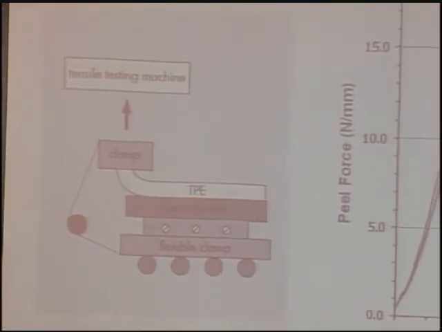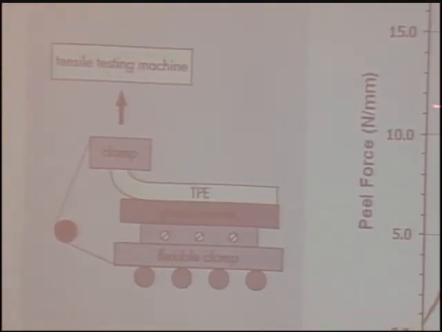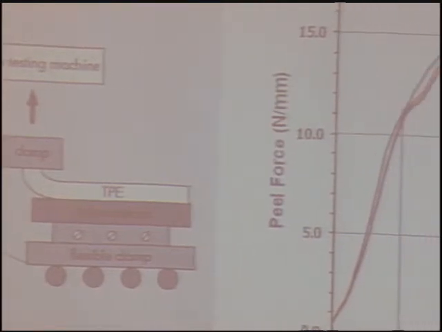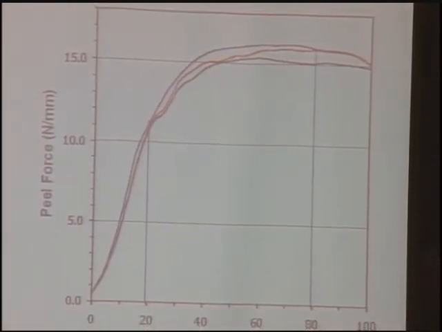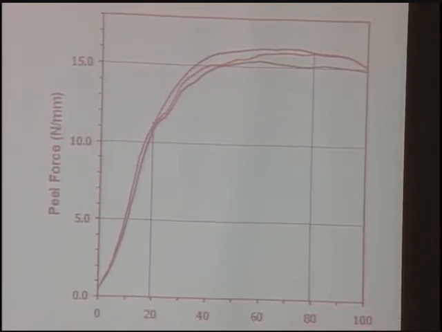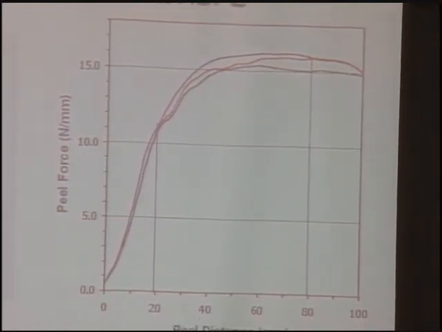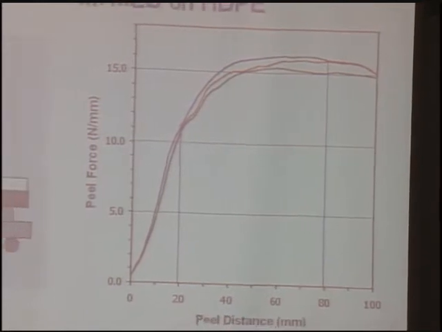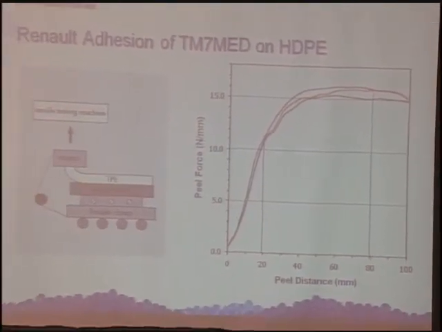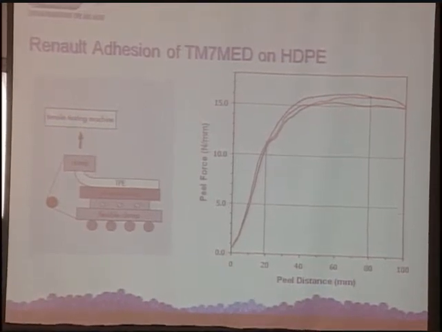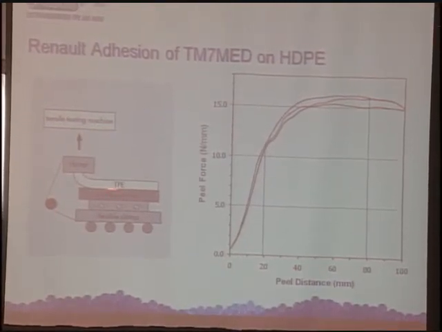And we can see they reach roughly the 15 Newton per millimeter level to separate the TPE from the thermoplastic. In lots of cases, the overmold results in cohesive failure, which means that the adhesion bonding is stronger than the material itself. So basically, they can be excellent overmolding.